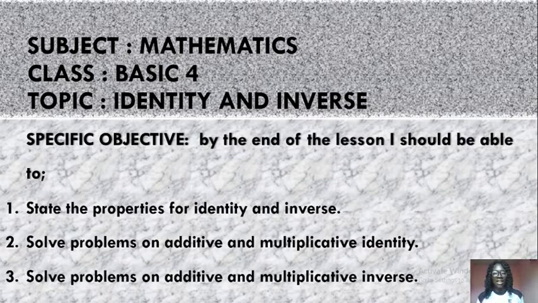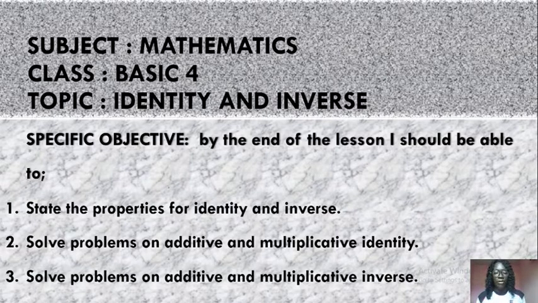All in all, we're going to be looking at addition on identity, multiplication on identity, addition on inverse, and multiplication on inverse. It is very simple. It's something that you know, but we are just doing it in a unique way, right? So what we're going to be doing in this class is very easy and very simple, like I always promise you. So just get a cup of juice and enjoy the teaching.